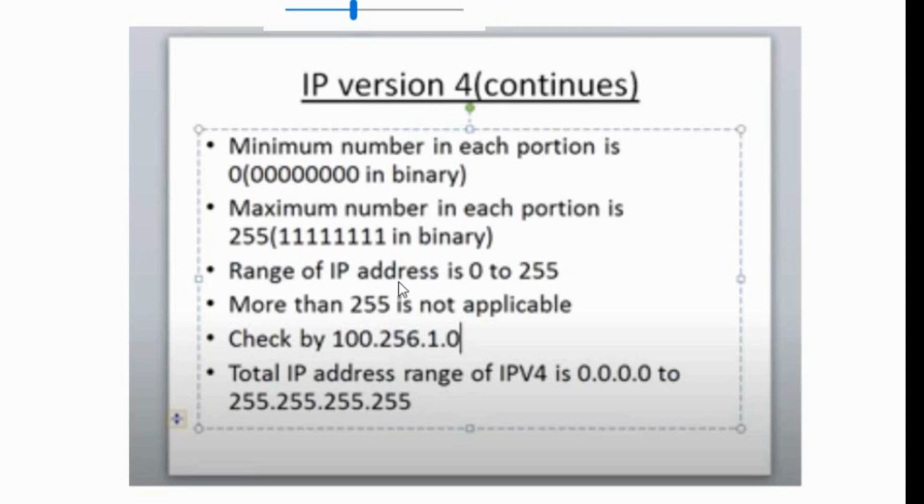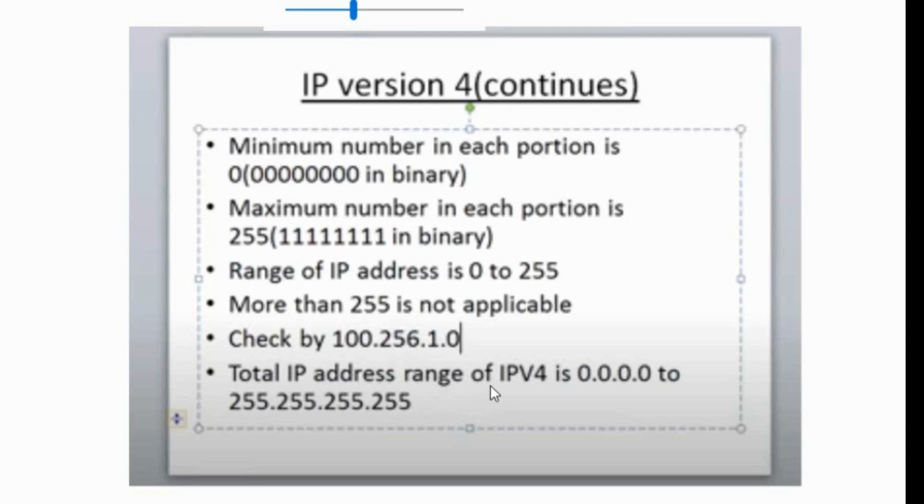The range of IP address values I taught you is from 0 to 255, it cannot be 256. You must know this. More than 255 is not applicable, as I told you a while ago. Write it down in your notebook and practice how to get the binary out, and you'll be able to get it easily.